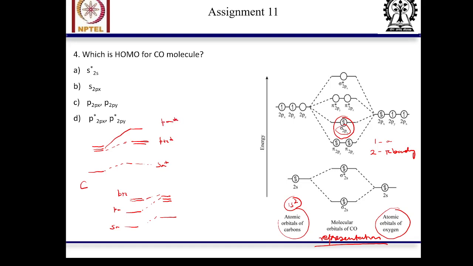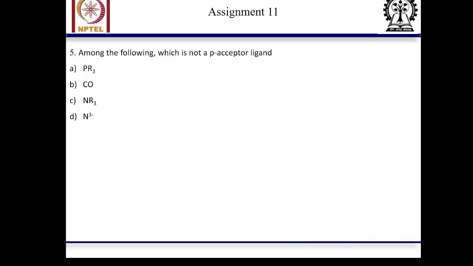But because of mixing, this is SP sigma, this is PS sigma, this is P pi, and this is SP sigma star. So which is the HOMO of CO? If you see, your HOMO is basically localized on the carbon, not on the oxygen. That is another way to see it if we consider the actual energy diagram of carbon and oxygen. Okay. So now I will go to the next question: among the following, which is not a pi acceptor ligand.